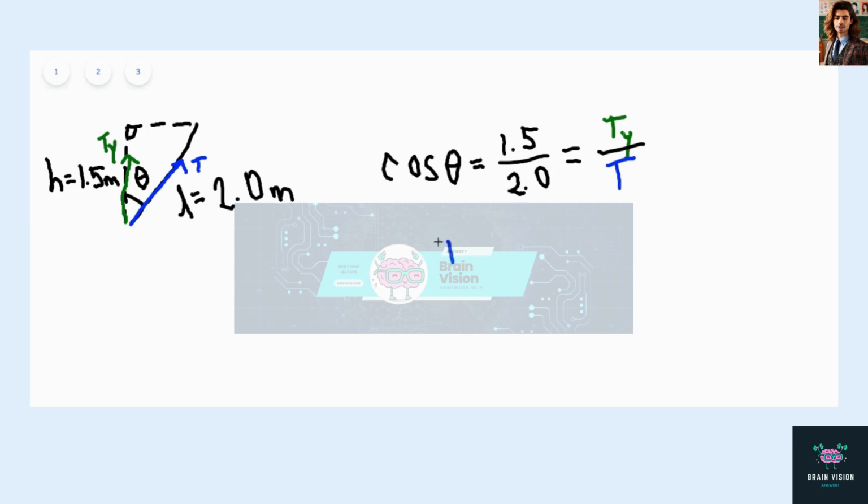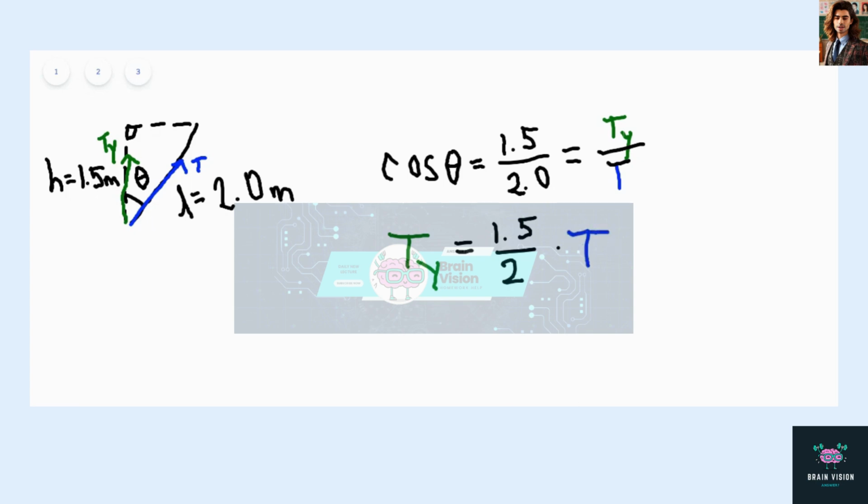Let me back up, use a different color. The tension in the vertical direction, Ty, is equal to 1.5 divided by 2 multiplied by the total tension in the wire.